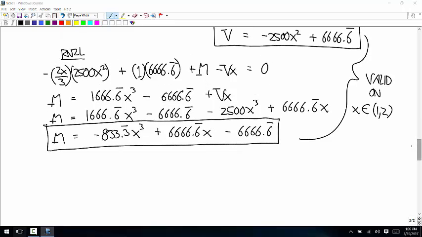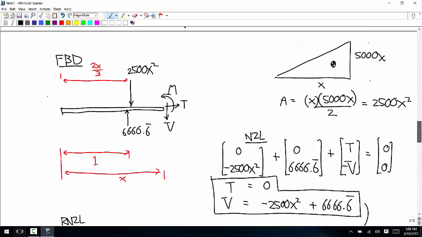One other thing to notice is we had a jump in the shear force that had exactly the same magnitude as the vertical point force that occurred there. So a horizontal point force causes a jump of that same magnitude in the tension, and a vertical point force causes a jump of that same magnitude in the shear force.